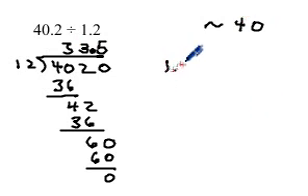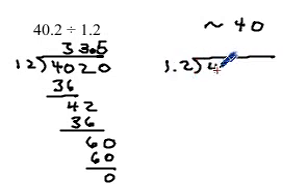So I've got 1 decimal 2 divided into 40 decimal 2. First thing I'm going to do is move the decimal place over in this part of the question, move the decimal place over in this part, then move it up to my answer here, because that's where the decimal place is going to be. Divide like I normally would. 12 into 40 goes 3 times.